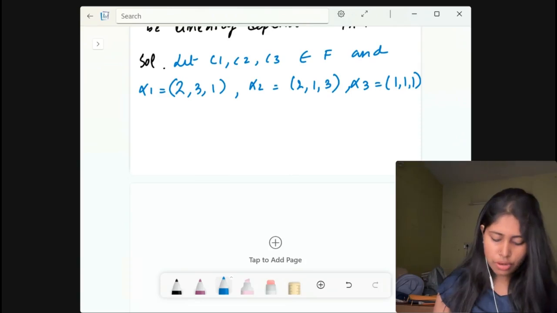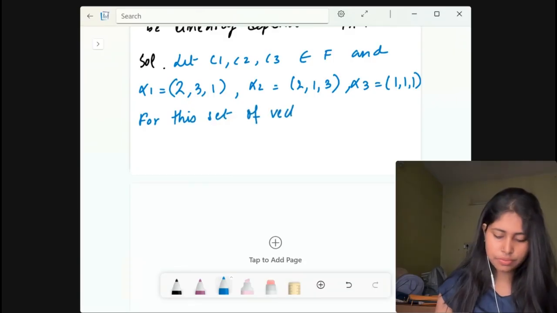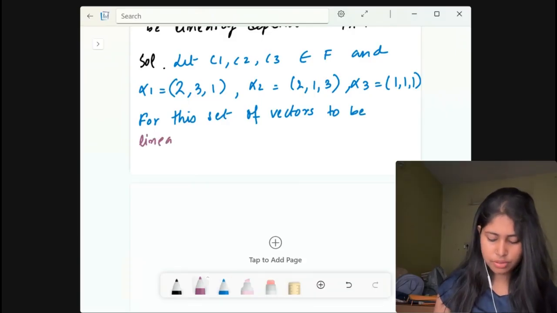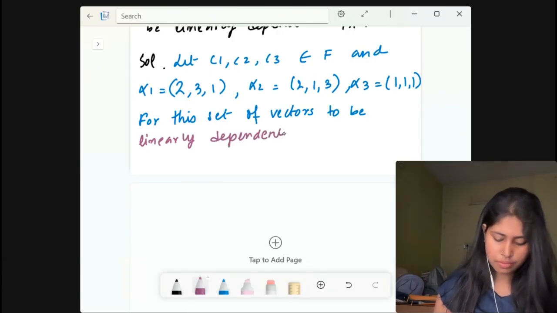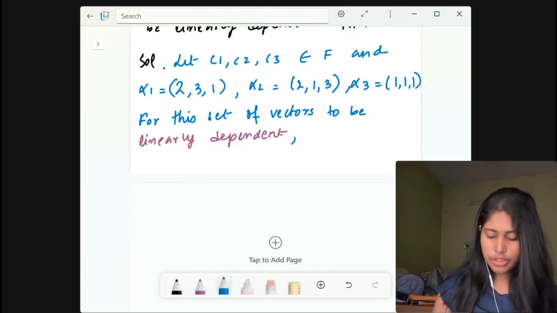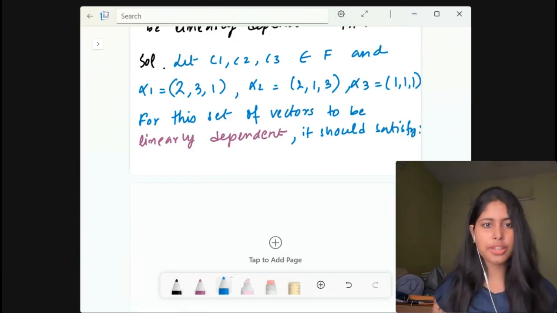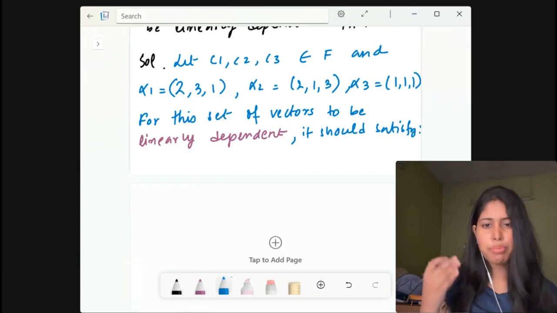Now for this set of vectors to be linearly dependent, it should satisfy the following. If you write this much clearly, then you are bound to get full marks.